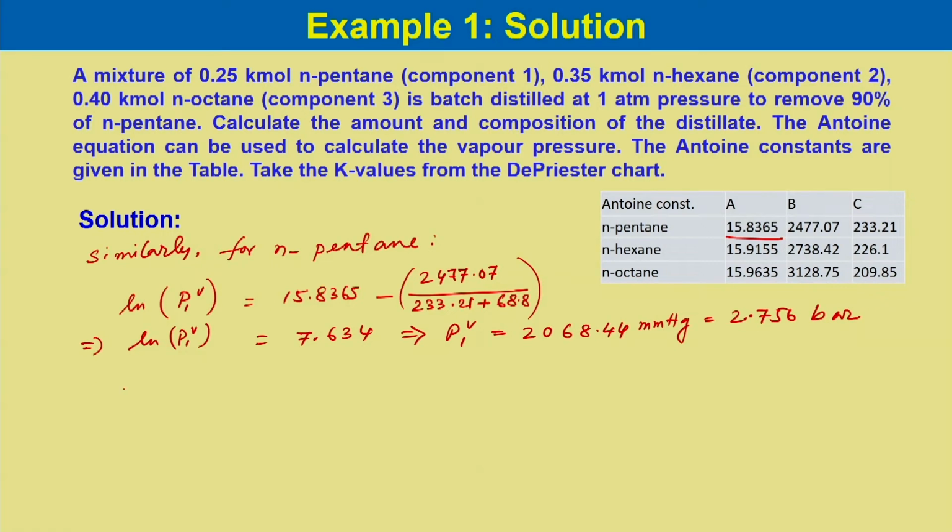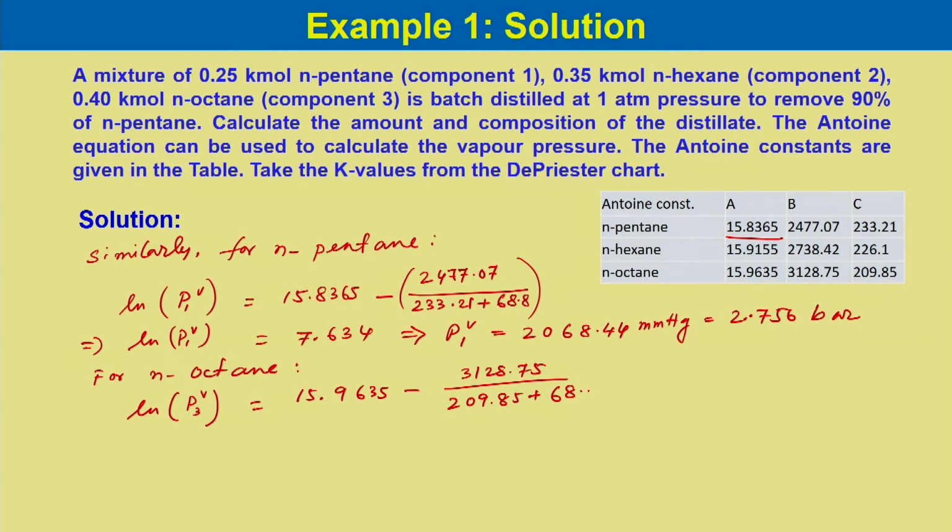Now, for n-octane we can write ln P3V would be equal to 15.9635 minus 3128.75 divided by 209.85 plus 68.8.